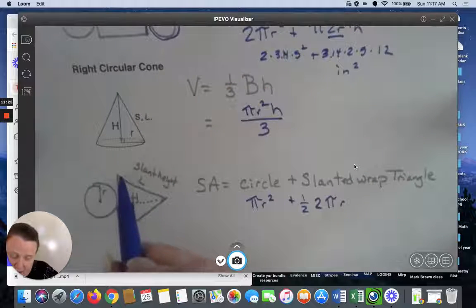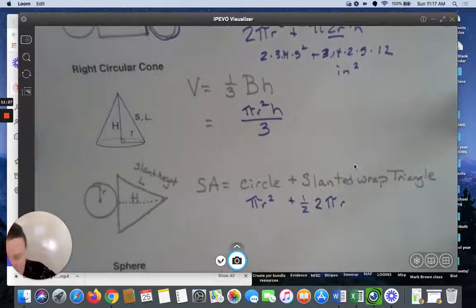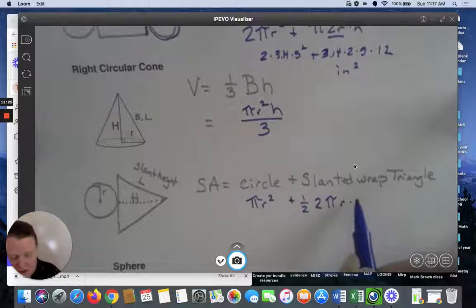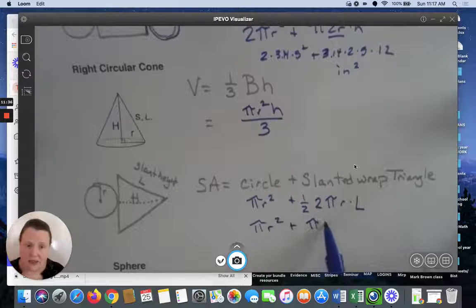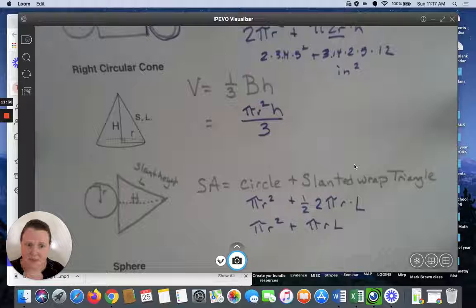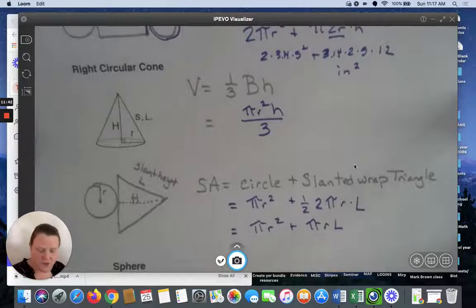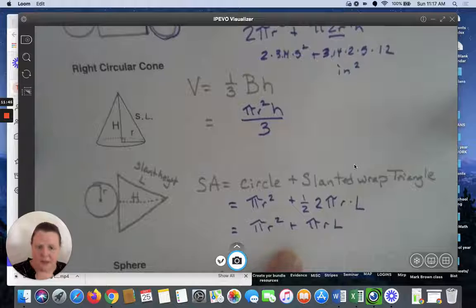So the slant height is the height, and so I'm going to put a capital L. And so then when I work this out, it becomes pi r squared plus pi r L. And so that's what we're going to work at. Okay. And again, it's mainly about knowing the formula, looking the formula up, and plugging in all the parts.